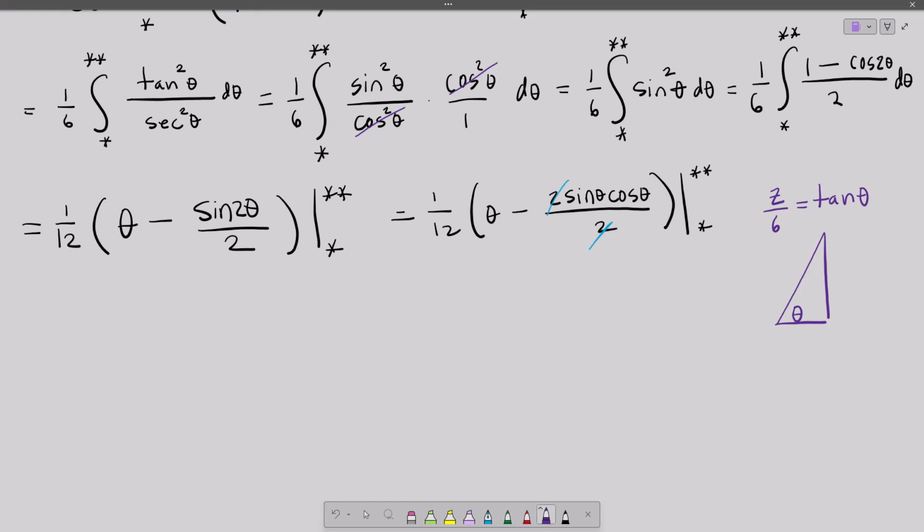Tangent of theta is opposite over hypotenuse. So we build sides to satisfy that trig equation. And now we have to get our missing side using the Pythagorean theorem. That's going to be the square root of 36 plus z squared. Pythagorean theorem.